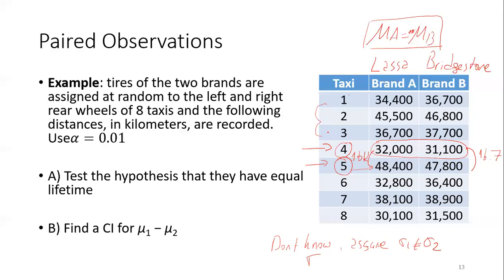So if I just assume sigma 1 is not equal to sigma 2 and compare x1 bar minus x2 bar minus mu 1 minus mu 2, that's not right, because the effect is not only due to the brands, the drivers also have an effect.